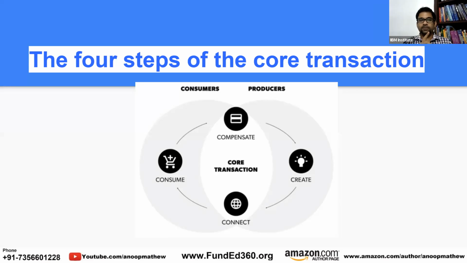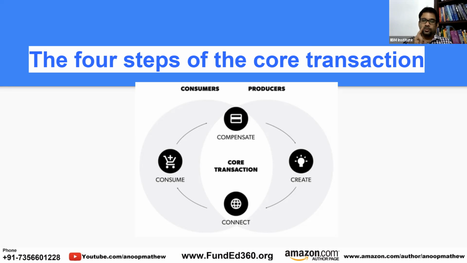And after that, what should happen? Once your product has been visible to the consumer, if the consumer is impressed or convinced with that particular product or service, he will pay.